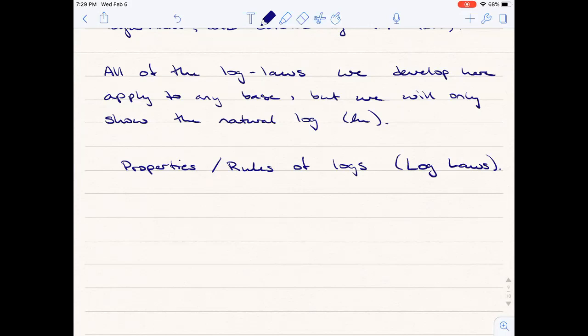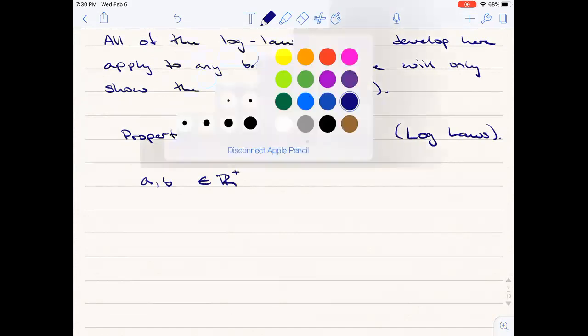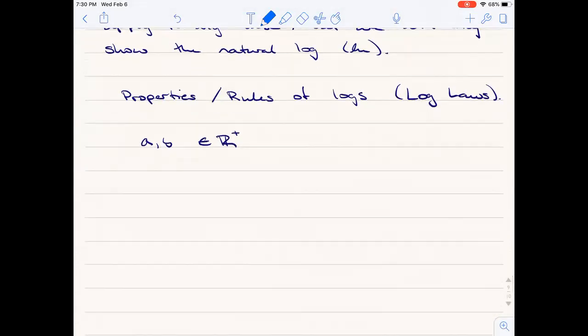Again, we have to establish some rules for these things to work. We are assuming that A and B are in the set of positive real numbers. We can put a little positive here, and this is just saying that A and B must be positive.